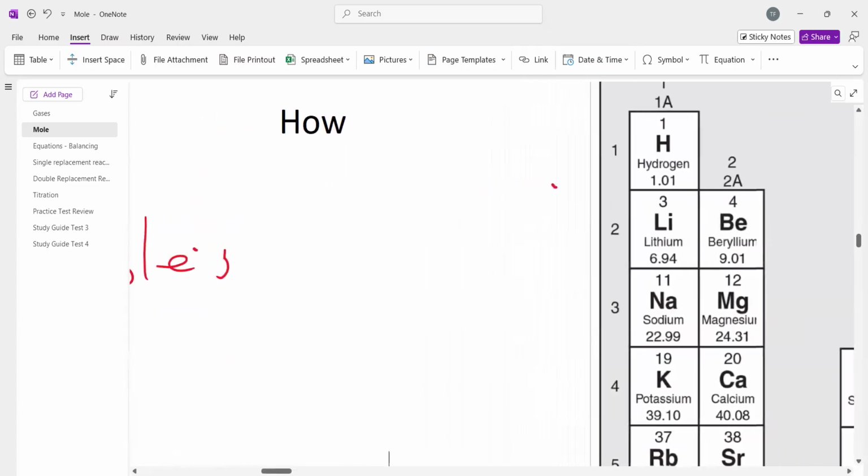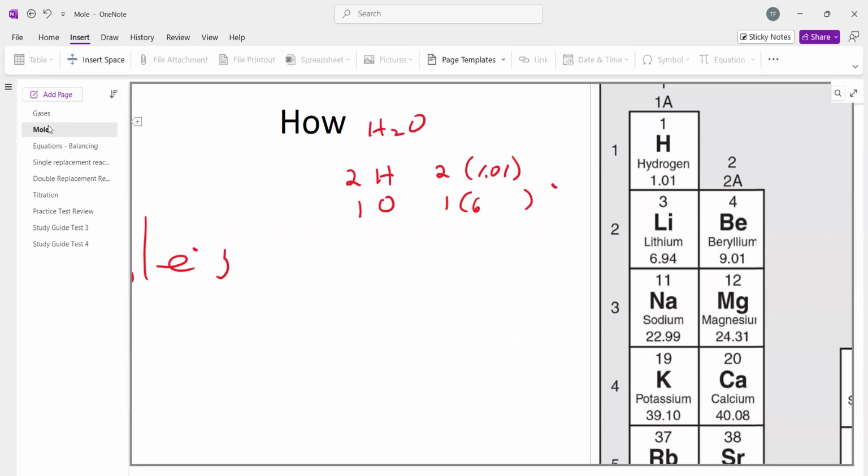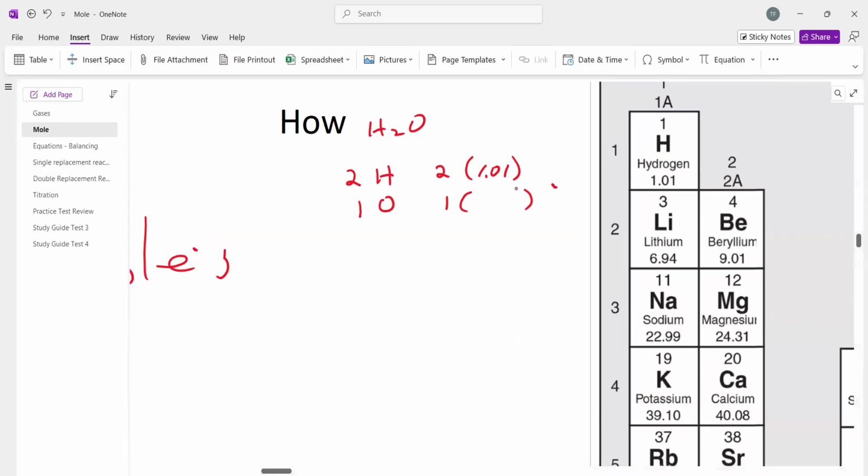Okay, so for water, we have 2 hydrogens, 1 oxygen. Each hydrogen, the molar mass is 1.01. For oxygen, it's 16.